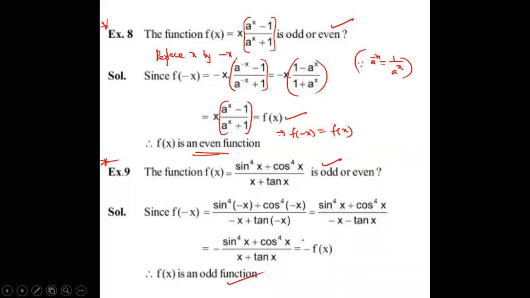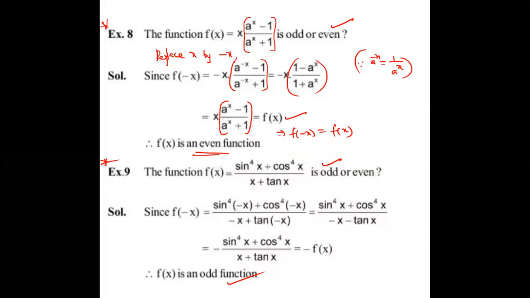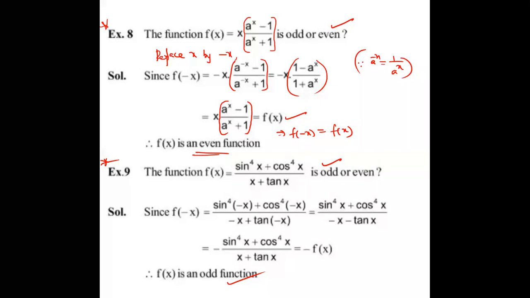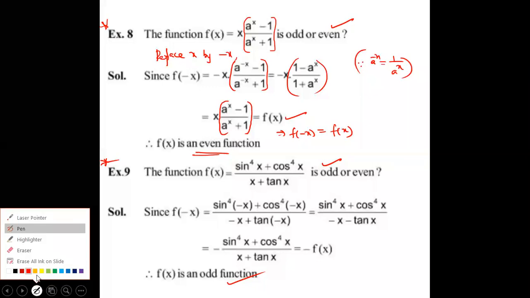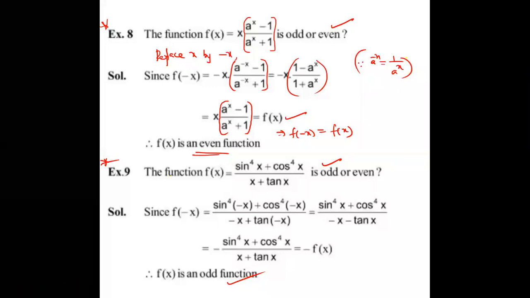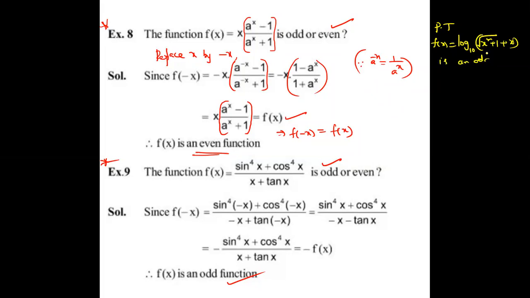Okay. Now I'm giving one question. One objective question. For example, I'm giving C. Prove that f of x is equal to logarithm of the base 10 of square root of x square plus 1 plus x is an odd function.